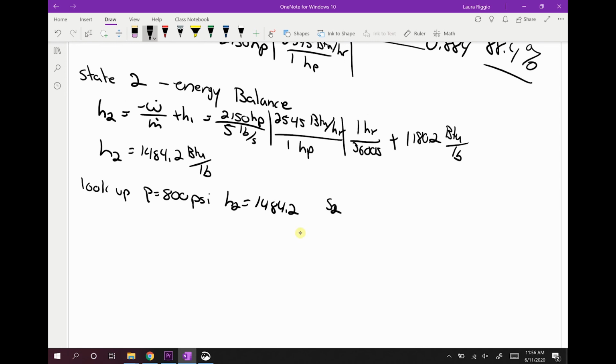We're going to get S2 is equal to 1.611.